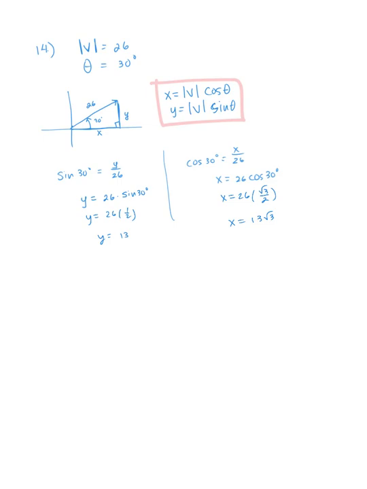Okay, and then we're just going to put those together so that we can write the vector as 13 square root of 3 times i plus 13j. Both of those are correct, and since it says write the vector in terms of i and j, this is how we're supposed to write it.